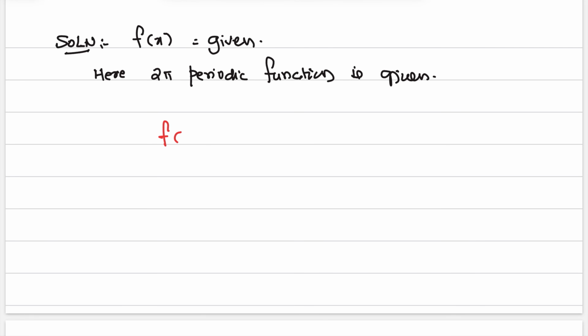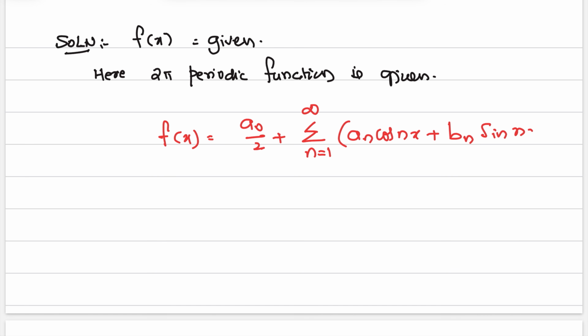Function x is equal to, please remember this, a naught by 2 plus sigma. Whenever there is a series, there will be a sum. From n is equal to 1 to infinity, an cos nx plus bn sin nx.